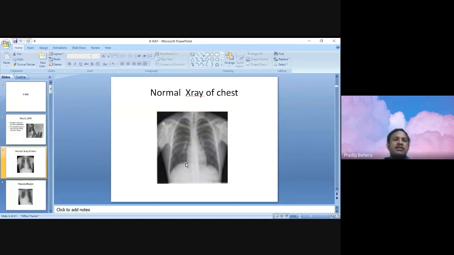There are many things, like supradiaphragmatic pathology and infradiaphragmatic pathology. Suppose there is a liver mass, a liver abscess, or a subdiaphragmatic collection. These things will cause the diaphragm to appear falsely or truly elevated.